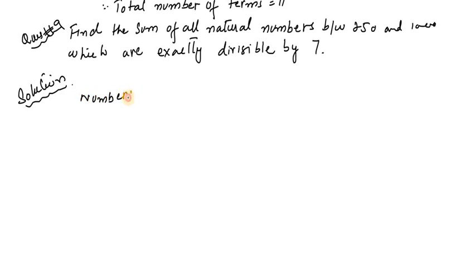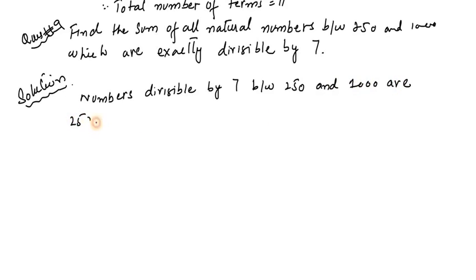So the numbers divisible by 7 between 250 and 1000 are 252, 259, 266 and so on till 994. These are the numbers between 250 and 1000 which are exactly divisible by 7.